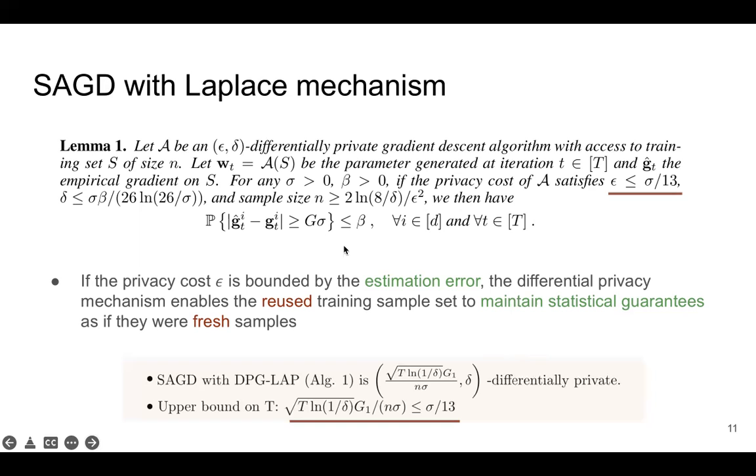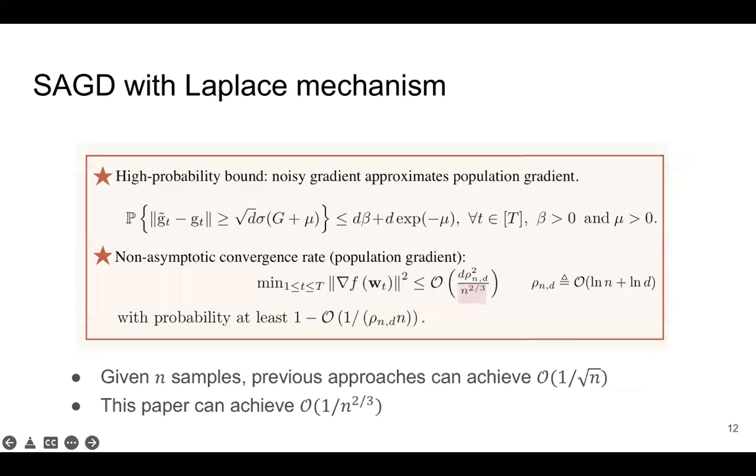So if we want to use this concentration bound, we have a condition for epsilon: epsilon smaller than delta divided by 13. And as we showed, the SGD algorithm satisfies epsilon-delta differential privacy. So after enforcing this condition, we can get an upper bound for the total number of iterations.